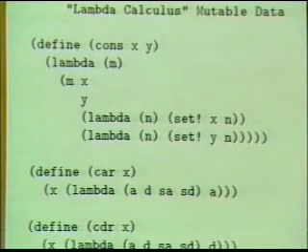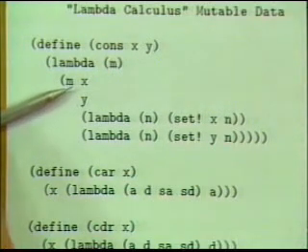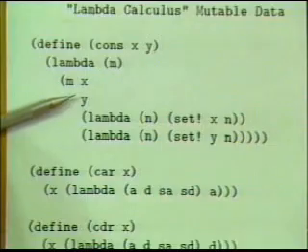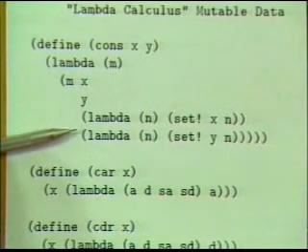So besides the things that I had in Church's definition, the thing that cons returns will apply its argument to not just the values of the x and y that the cons is made of, but also permissions to set x and y to new values.